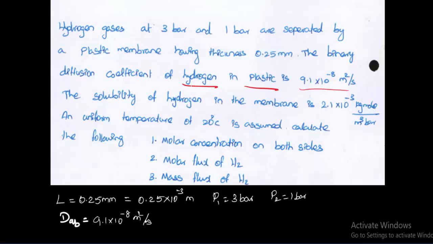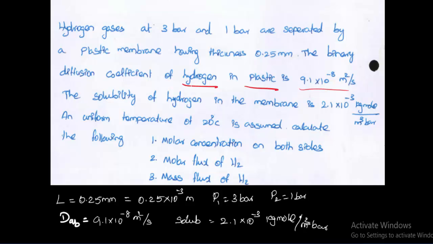Next thing, the solubility of the hydrogen in the membrane is 2.1. This value is also available in the data book. If in case it is not given in the problem, you have to take the value from the data book only, right? Solubility equal to 2.1 into 10 to the power minus 3 kilogram mole per meter cube bar.